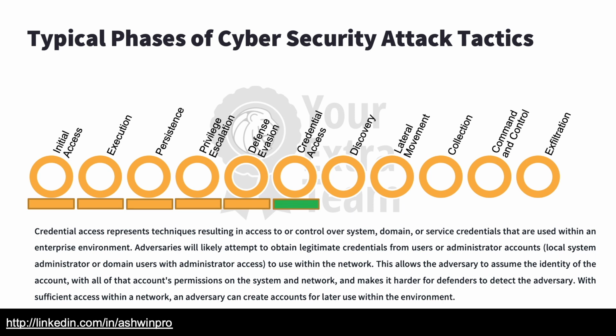Once I have the capability to evade the defense system, the next thing is to try to gain access to credentials that will work within the network. It could be that the privilege I have so far only works on that particular system, so now I must look for credentials that work in the network.